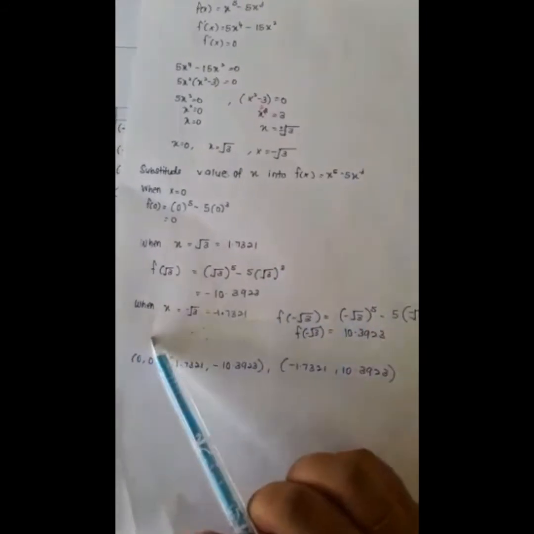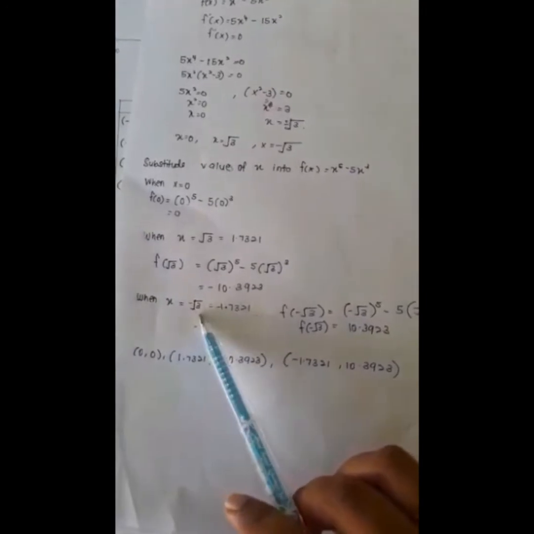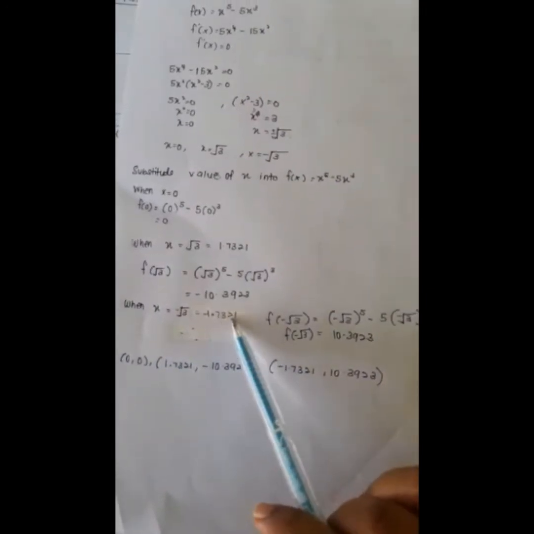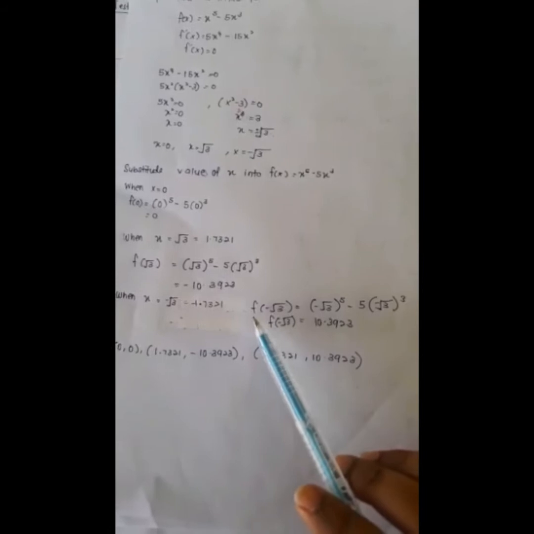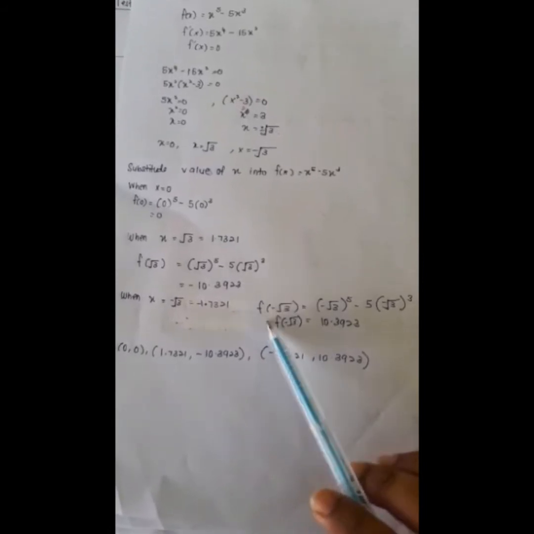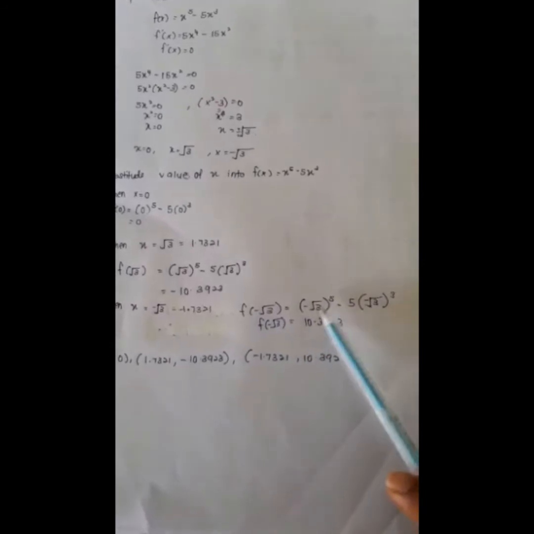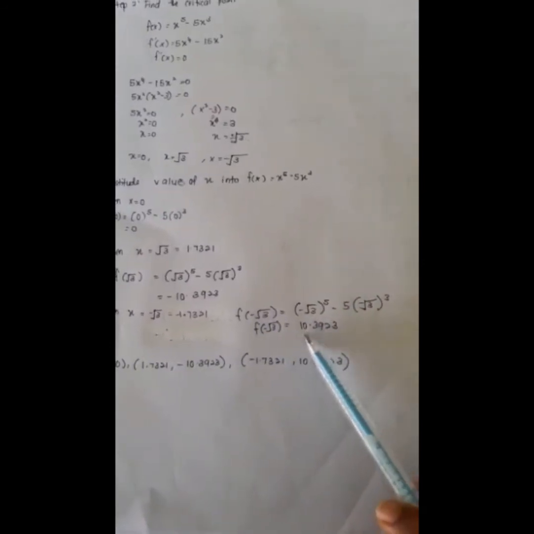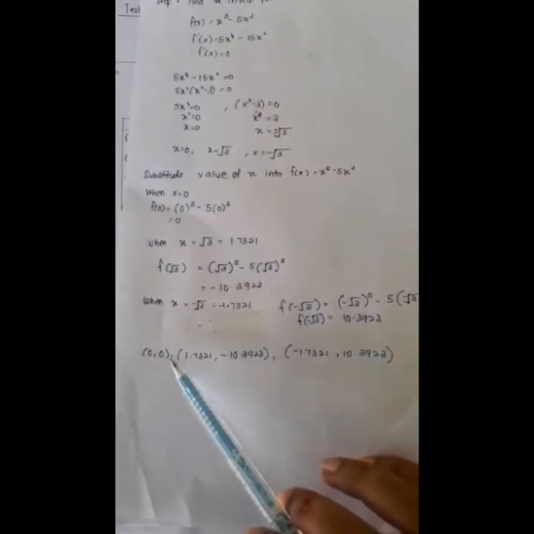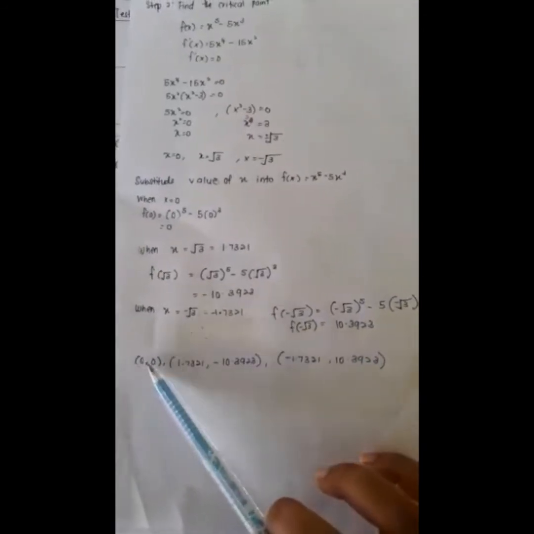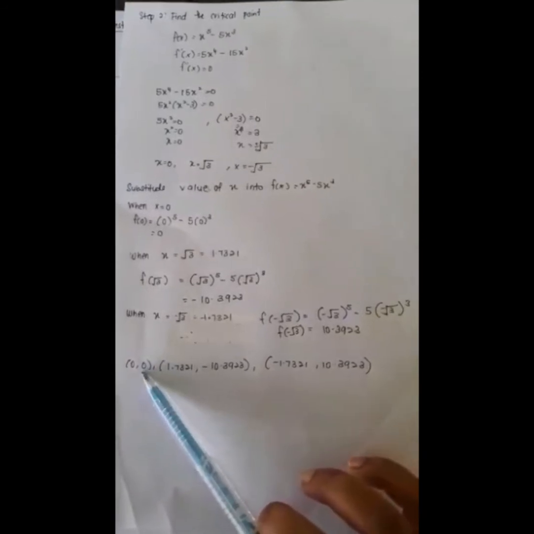Okay, when x equals negative square root 3, this is the decimal form of negative square root 3. We have to substitute. So f of negative square root 3, we substitute here, and we will get positive 10.3923. So we will get the critical points: when x equals 0, f(x) equals 0.